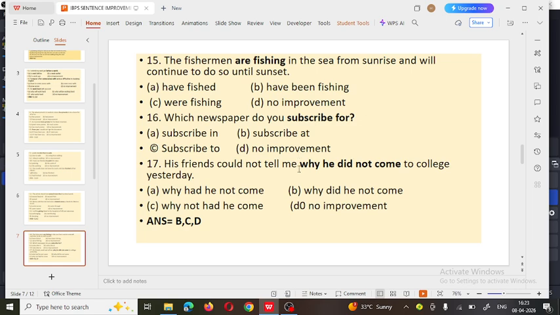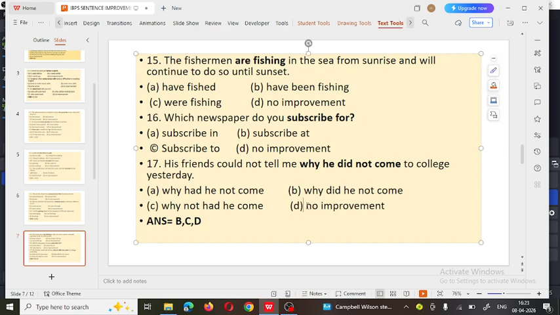Here, why is the conjunction, and the remaining sentence is he did not come to college yesterday. The meaning of the sentence is clear and the grammar is also correct, so no improvement is needed in the sentence.